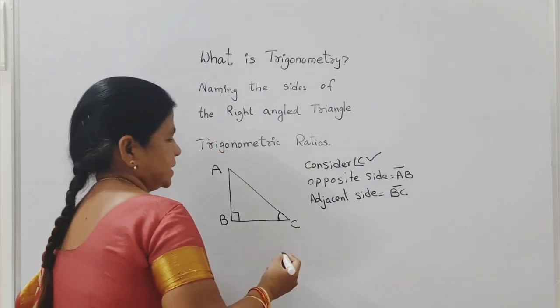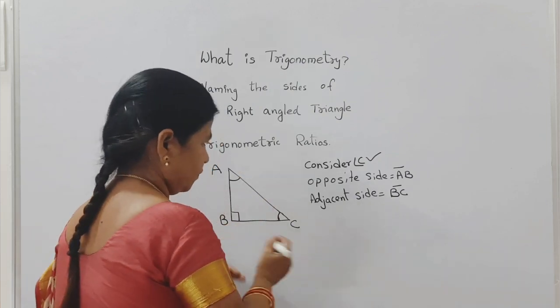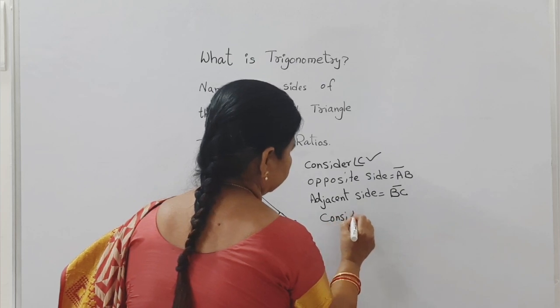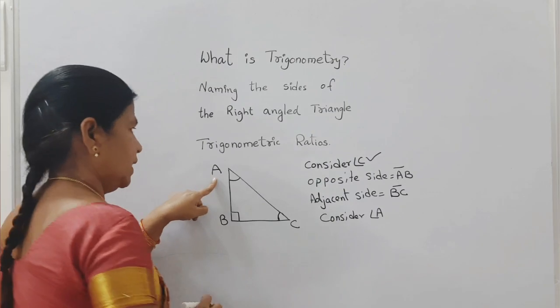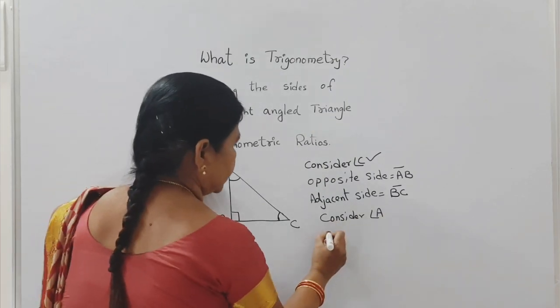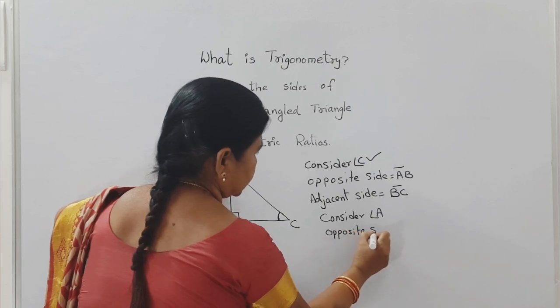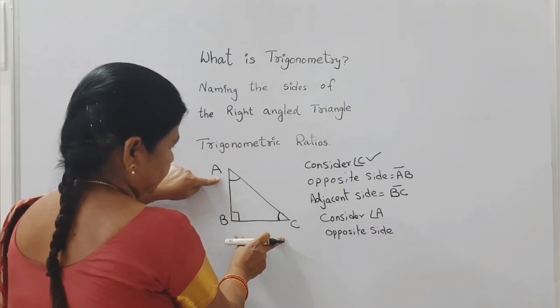Okay. Now let us consider the angle A. With respect to angle A, what is the opposite side? Opposite is BC.